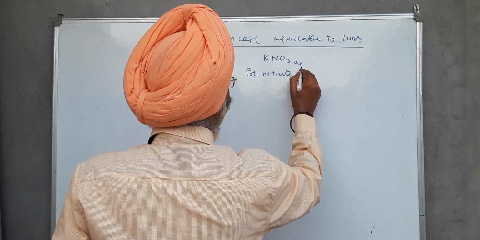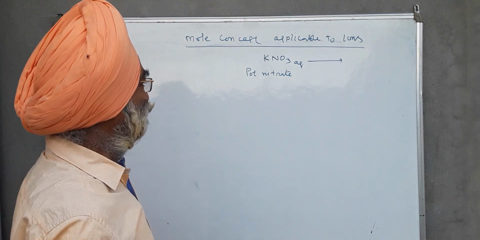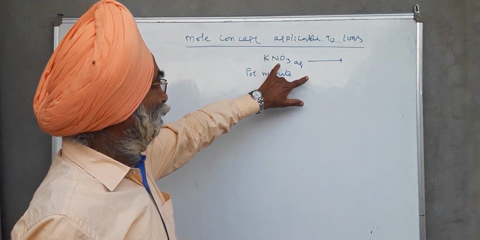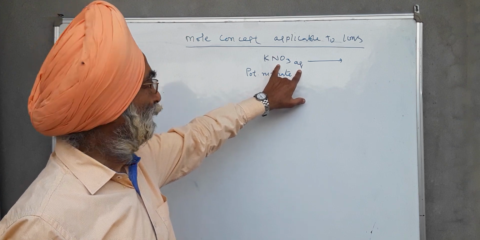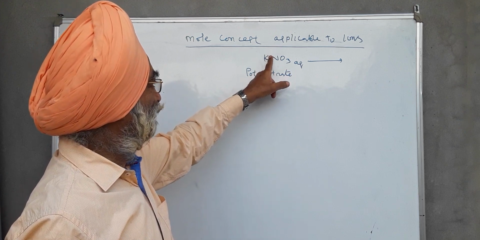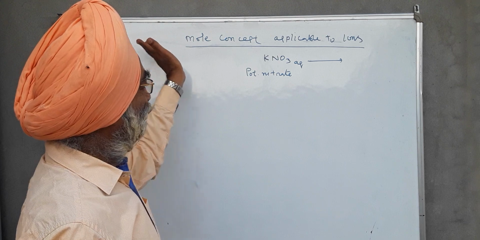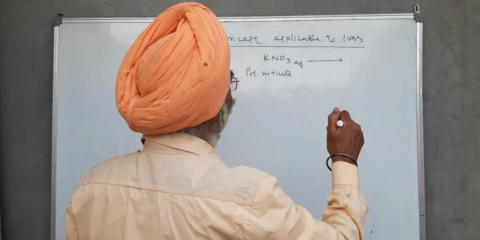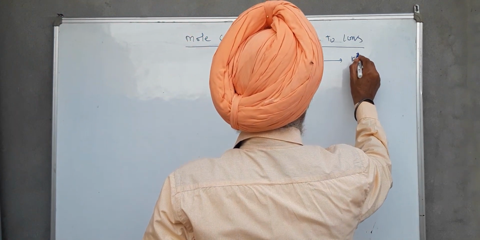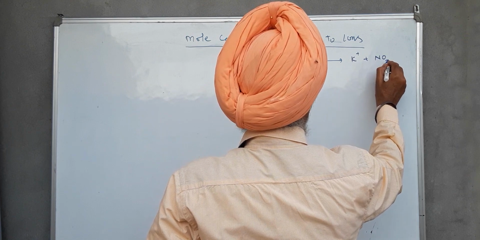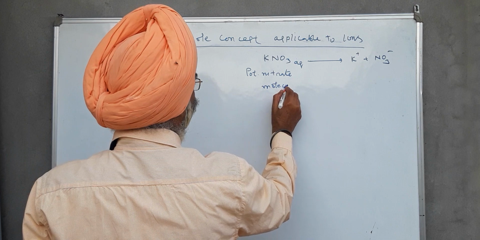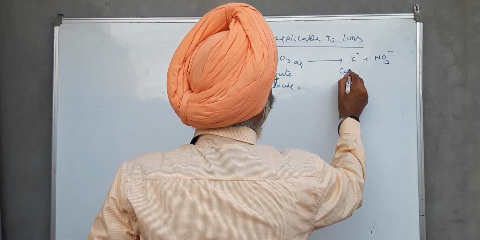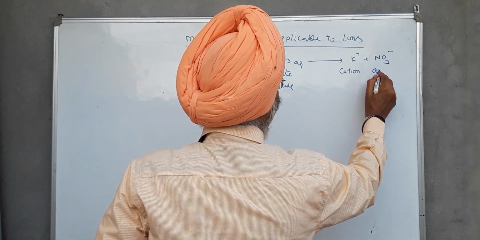When dissolved in water, AQ stands for aqueous, meaning potassium nitrate in aqueous solution will break. The potassium cation separates, the nitrate anion separates. This is K positive and NO3 negative. K positive is the cation, nitrate is the anion.